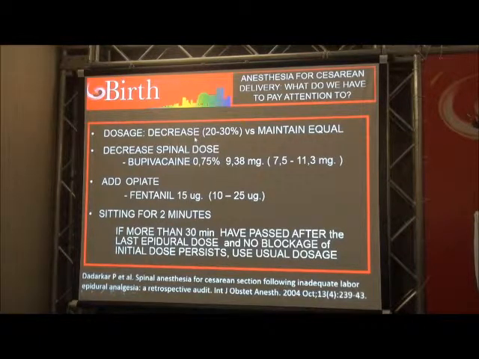When there is labor going on with epidural anesthesia and a top-up is needed, there's the chance of decreasing the doses versus maintaining them equal. Decrease the spinal dose in case there is already an epidural, meaning decreasing the dose of bupivacaine.